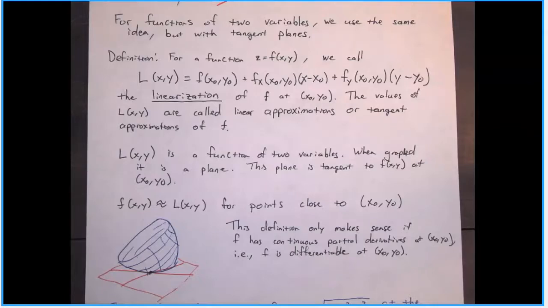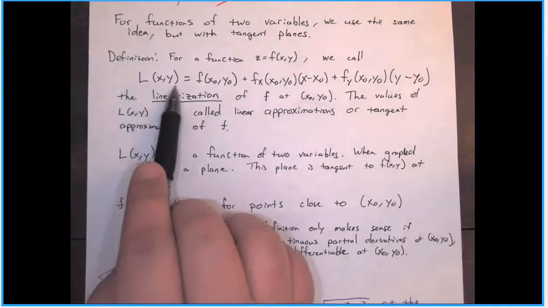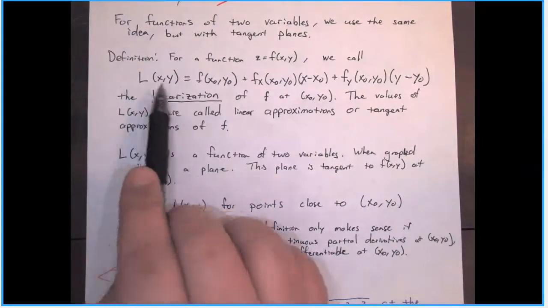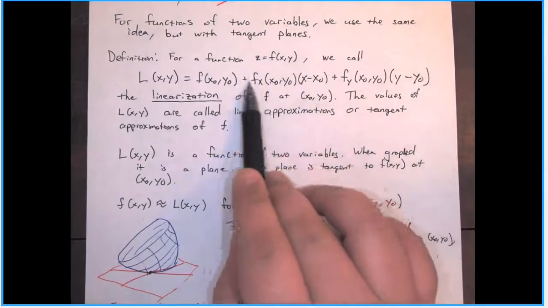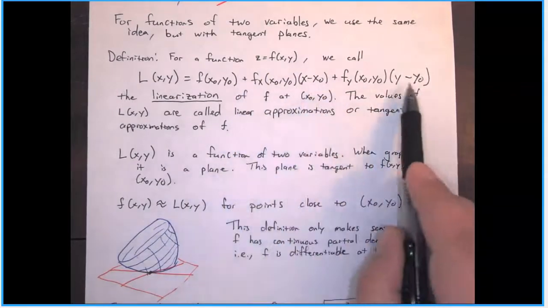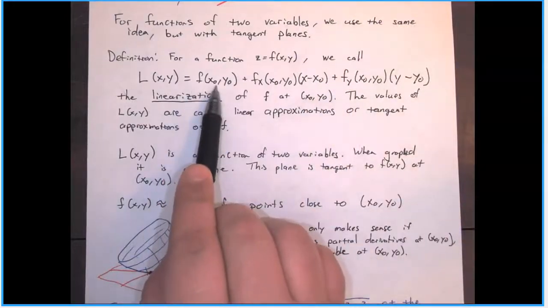And what else? Notice that if we take the point x naught, y naught, and we plug it back into this linearization, then we plug x naught in here, this whole term is going to disappear. I plug y naught in here, this whole term is going to disappear, and I'm just left with f of x naught, y naught.